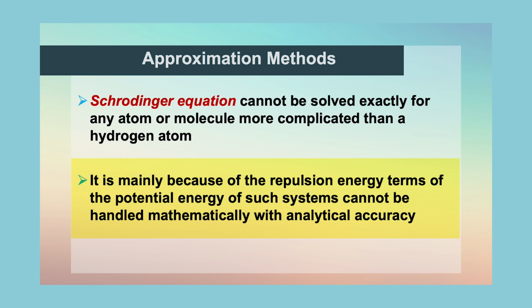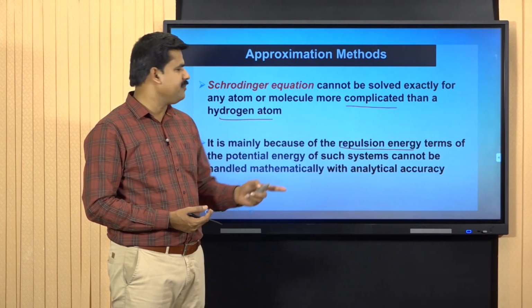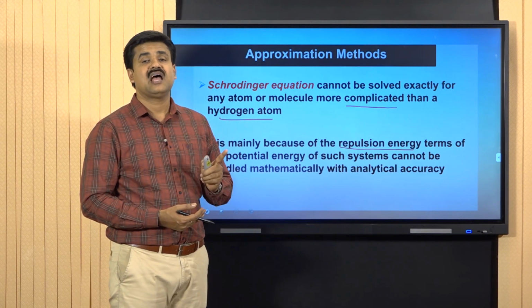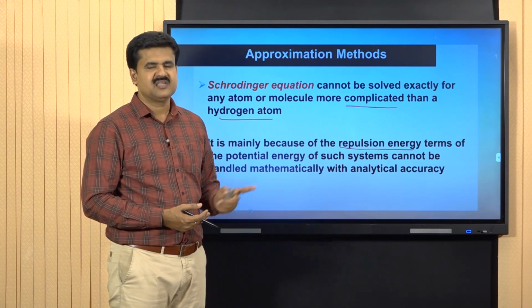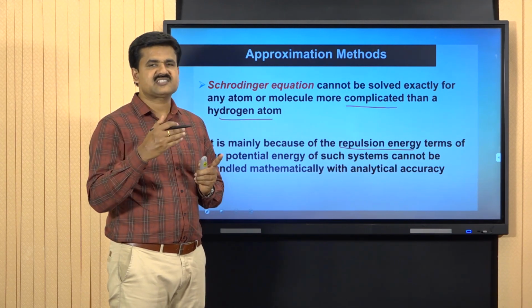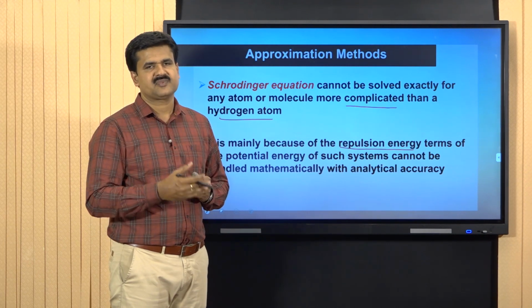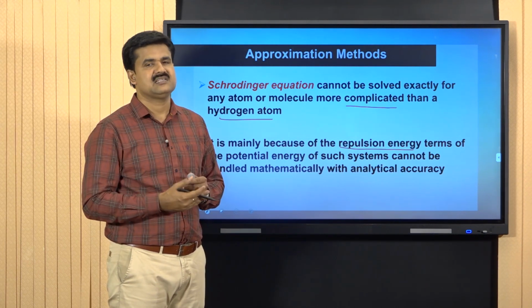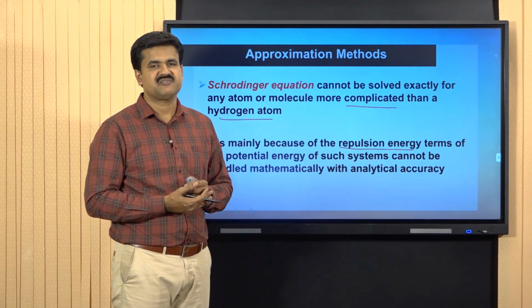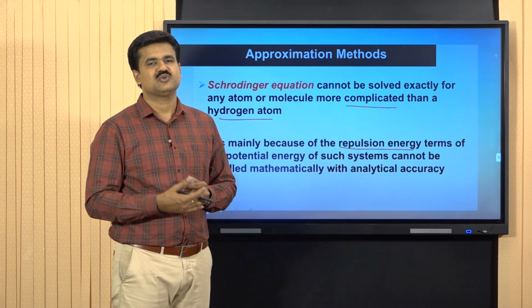These repulsion parameters cannot be handled mathematically with analytical accuracy, and they create hurdles to getting easy solutions of the Schrödinger wave equation for many electron systems.